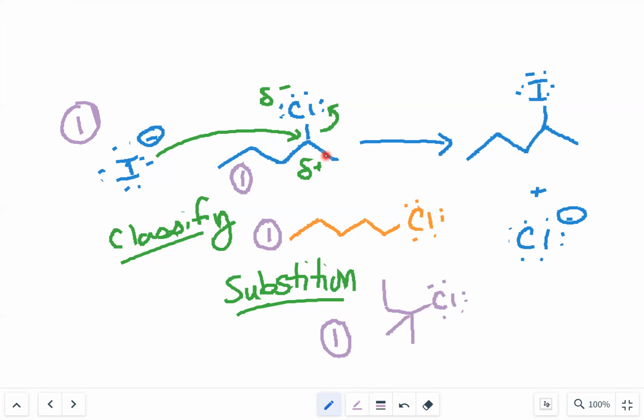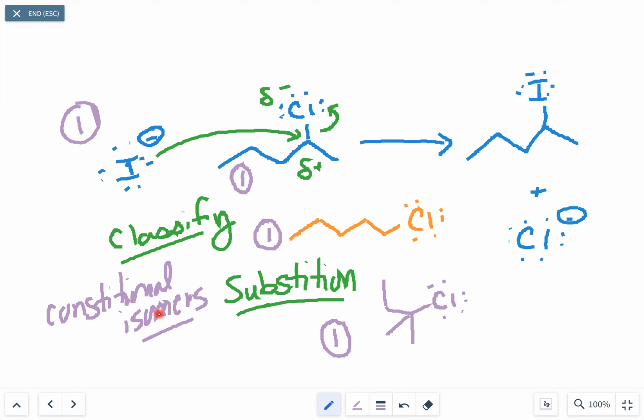When you've got the same formula, but completely different connectivity. Right, constitutional isomers. Okay, good. So we've got three constitutional isomers.